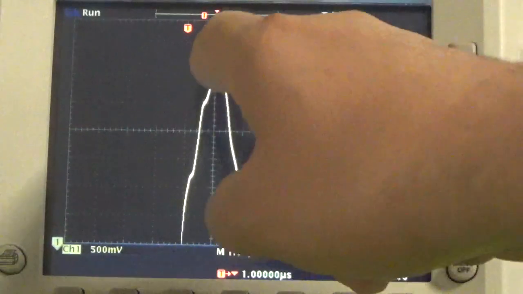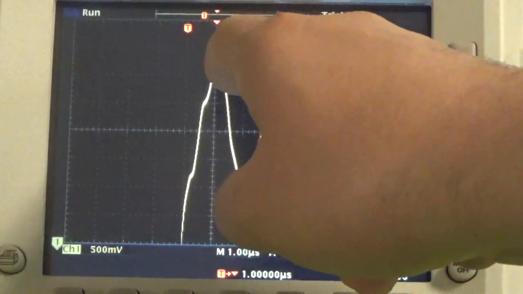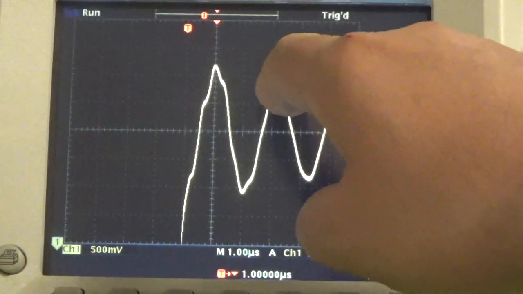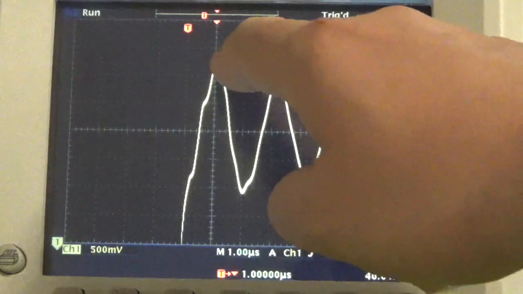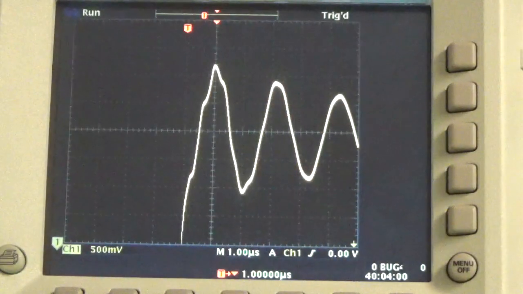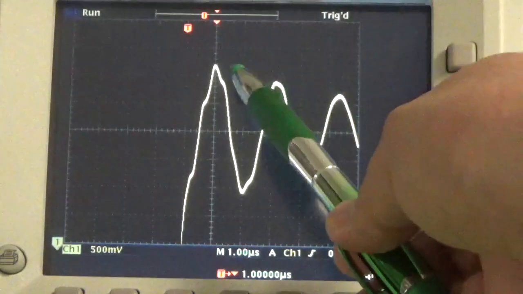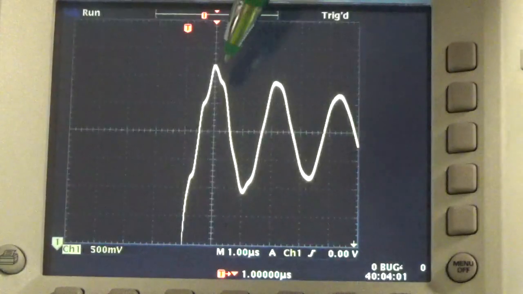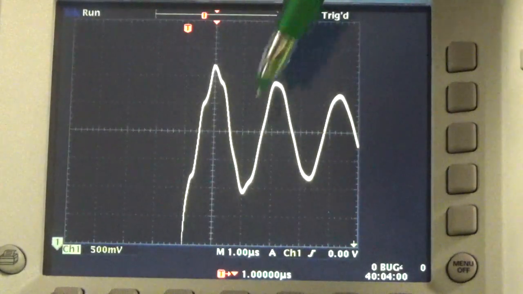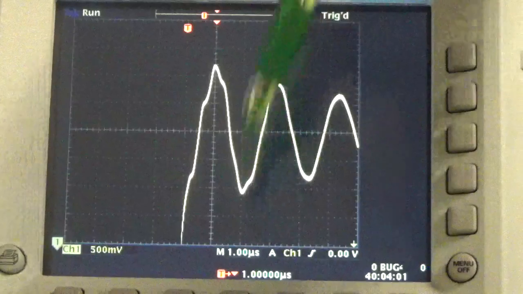You can see that we have 1 square, 2 squares, 0.1. So we have 2 squares 0.1, and we need to multiply those 2 squares 0.1 by 1 microsecond.